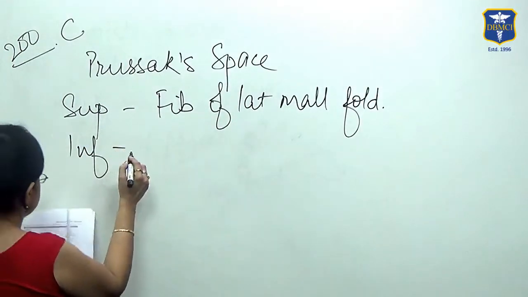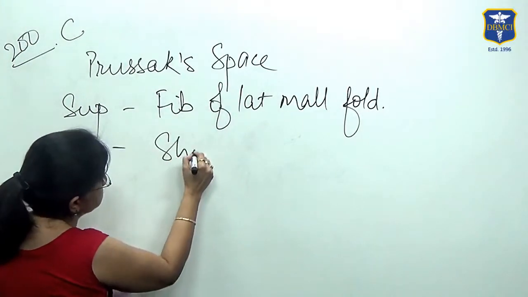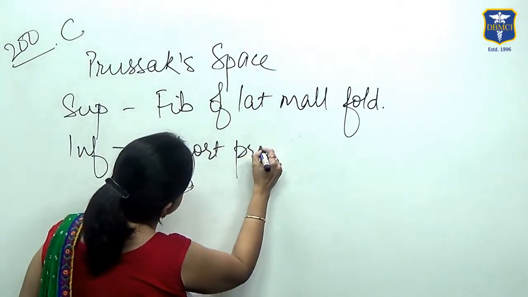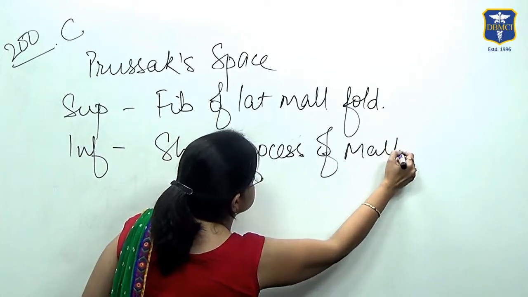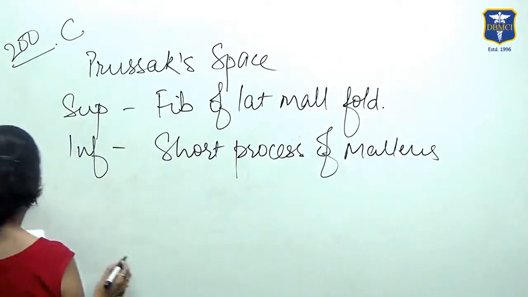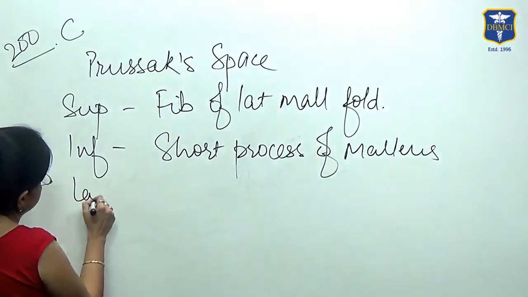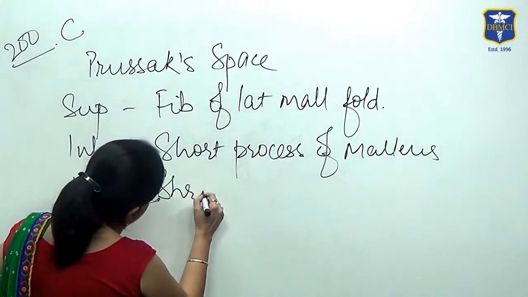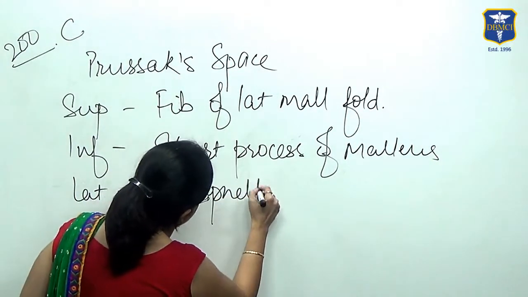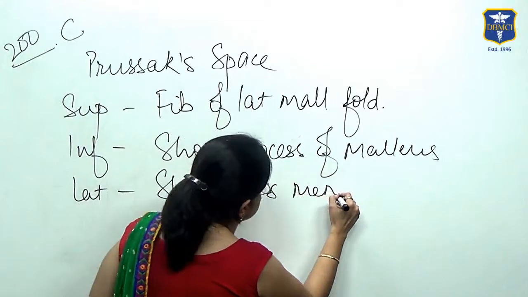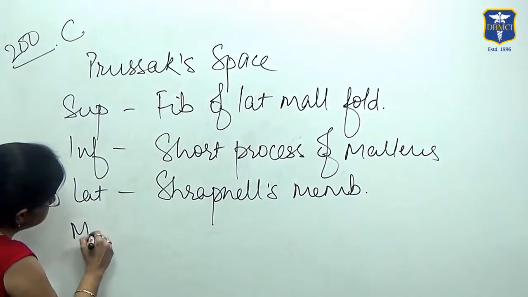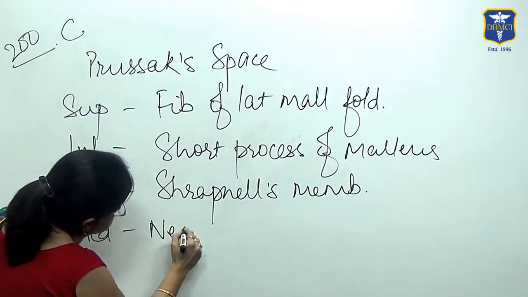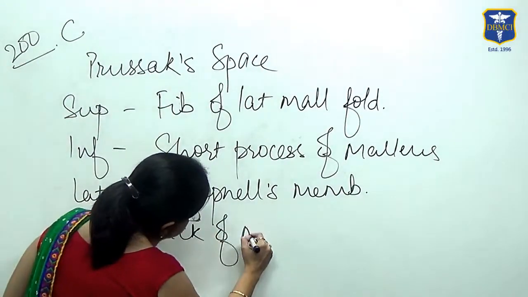Inferior boundary is formed by the short process of the malleus. Lateral boundary is formed by Shrapnell's membrane. And the medial boundary is formed by the neck of the malleus.